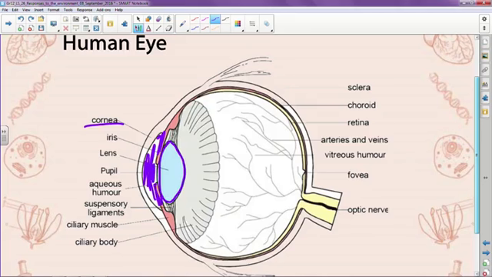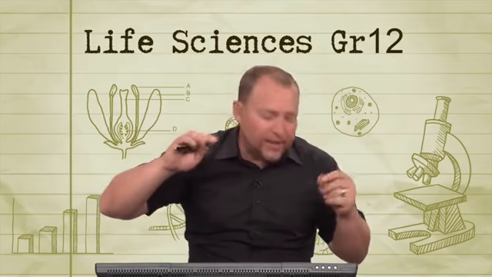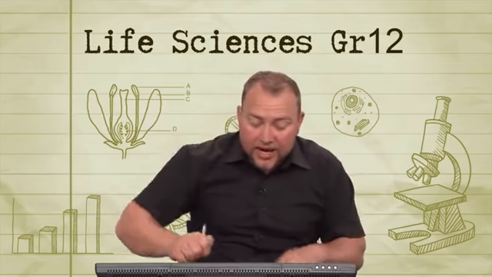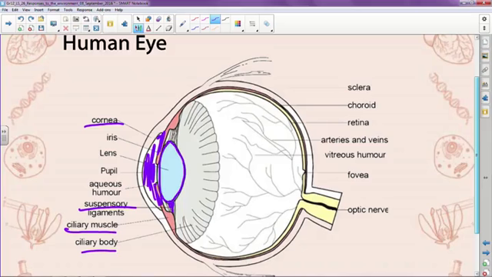You have your suspensory ligaments, which hold your lens in place. You have your ciliary muscles, which control what happens to your lens. You get your ciliary body. At the back of the eye, you get your sclera, which is the back part of the eye.